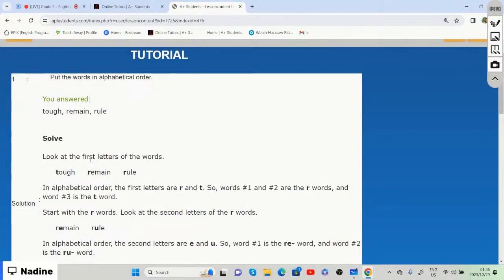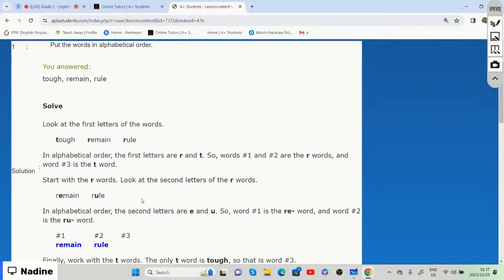Both remain and rules start with an R. As you can see, both R for remain and R for rules is the first letter that is the same, right?